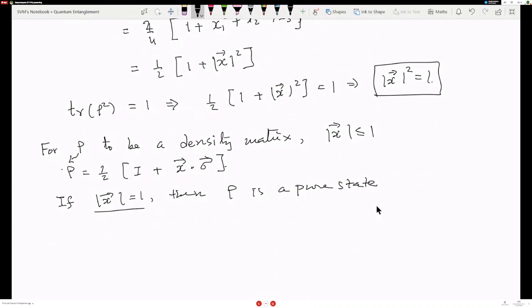If modulus of x is less than 1, then trace of rho square is less than 1, and then rho is a mixed state.